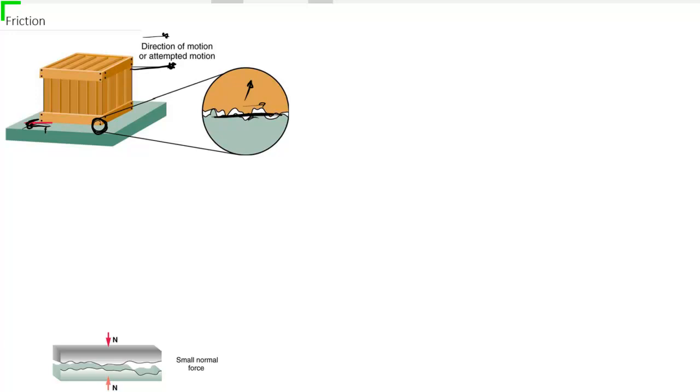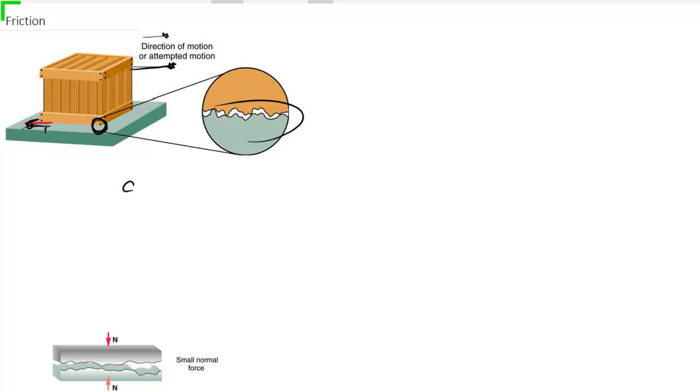And so we have a couple of things relating to friction here. One is how rough these surfaces actually are relative to each other, and we call this the coefficient of friction.